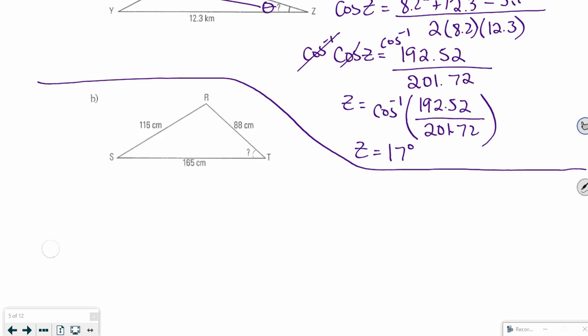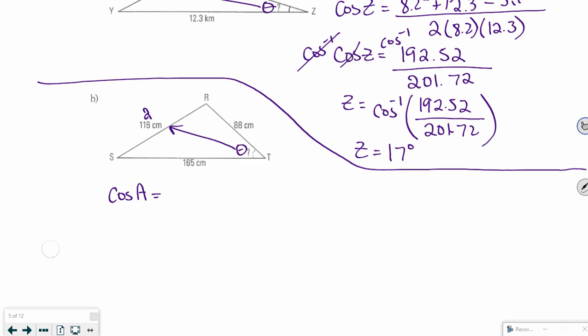Okay, next question. Indicated angle is angle T. This one right here, which means the only side that's really important is that one over there. Straight across from the angle has to be side A in our formula. Okay, we're solving for an angle, so we're going to use our angle version.